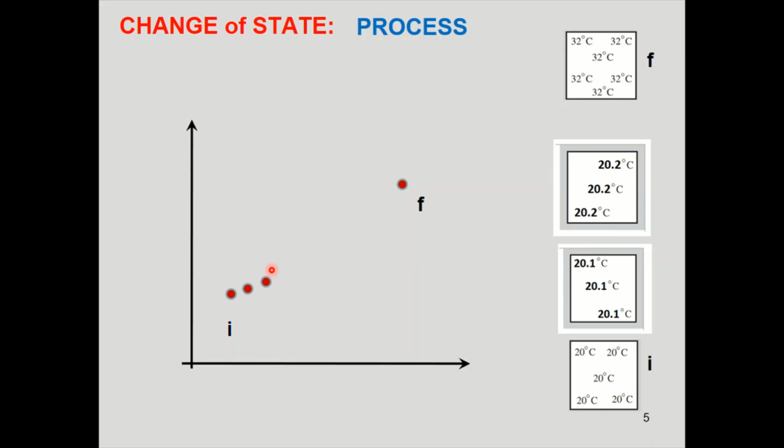So at every intermediate point we know everything. We can readily plot them like this. And once the points are found, there is no problem in drawing the path of the process as shown here.